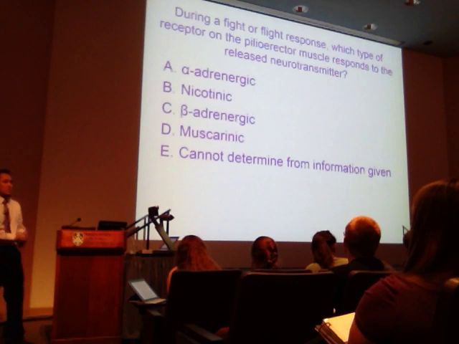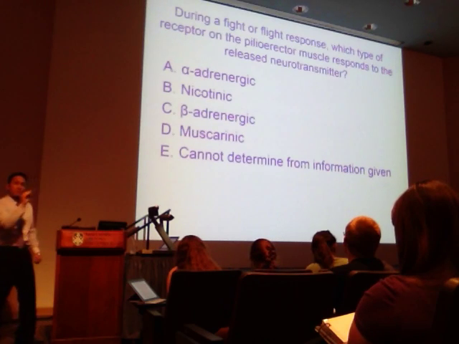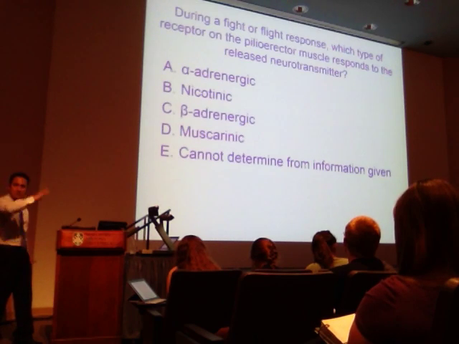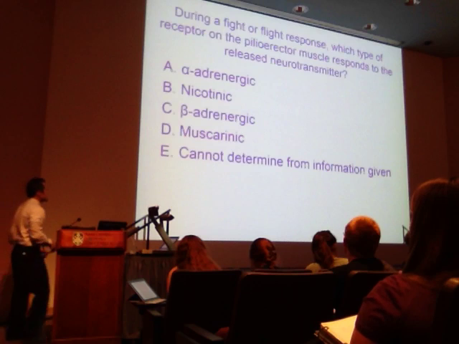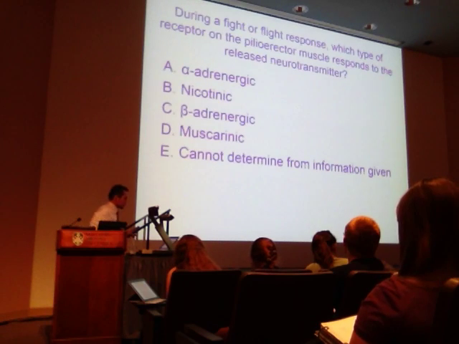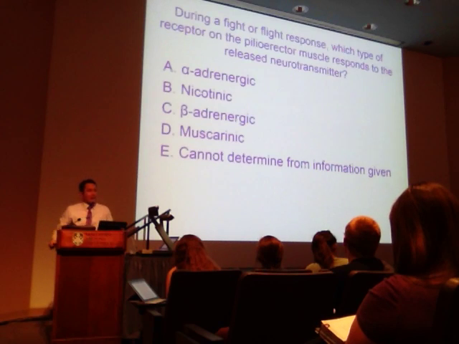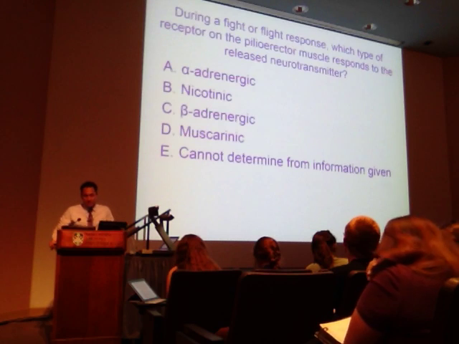Okay? So the piloerector muscle directly innervates or inserts onto the hair follicle and causes it to stand up. So, alpha adrenergic, nicotinic, beta adrenergic, muscarinic, or you cannot determine.